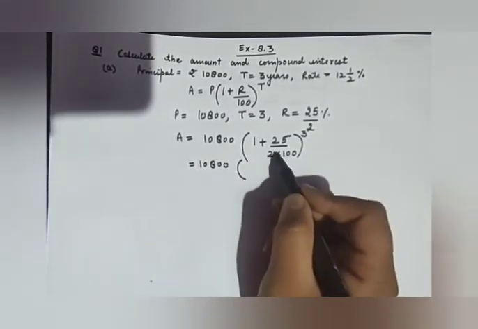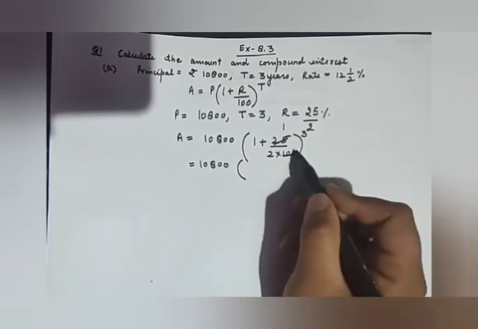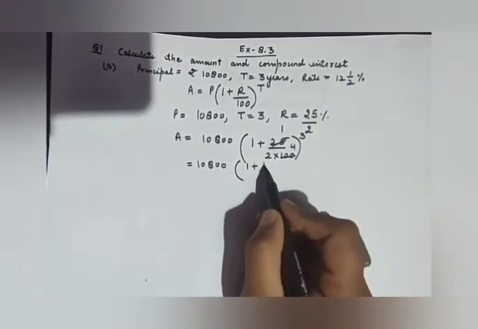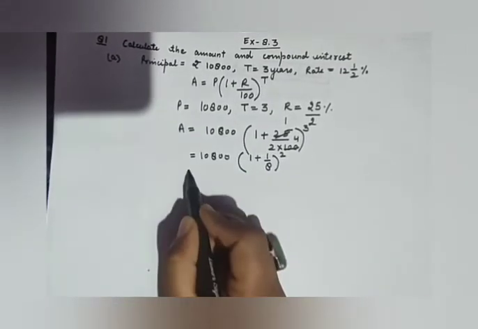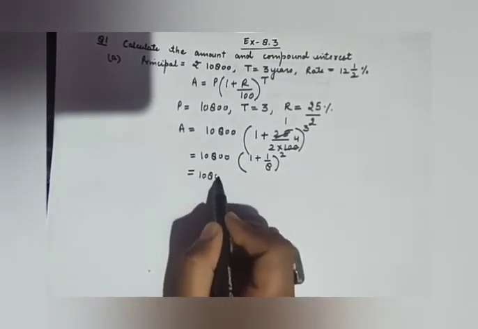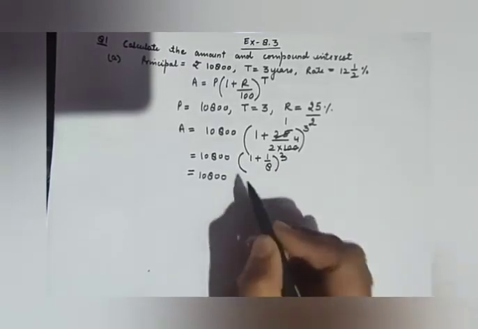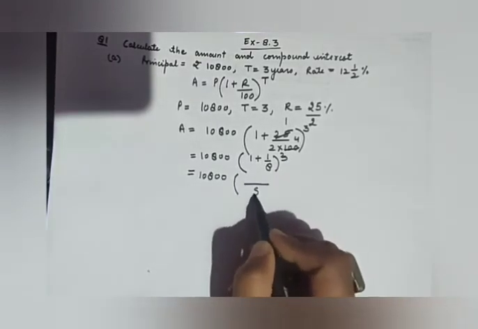So let's calculate here. 10800, 25 ones are 25, 25 into 4 is 100, so it will be cancelled. It is (1 + 1/8), it is not square, sorry, it is cube here. So let me find out the LCM here.